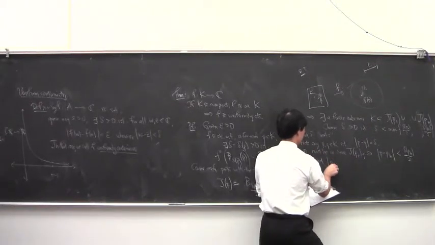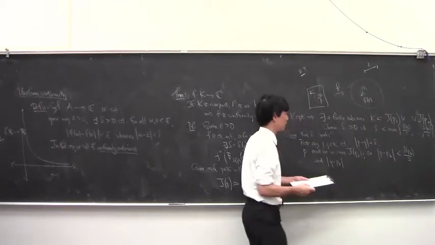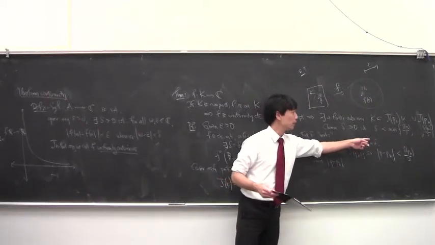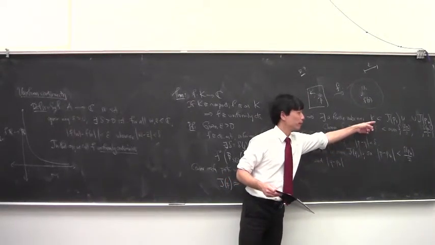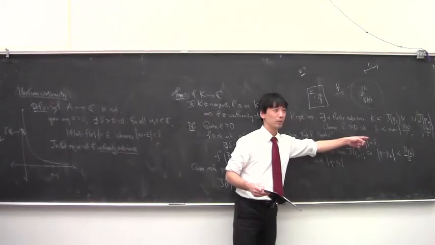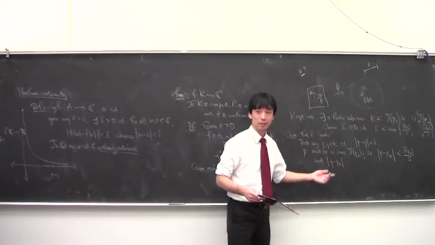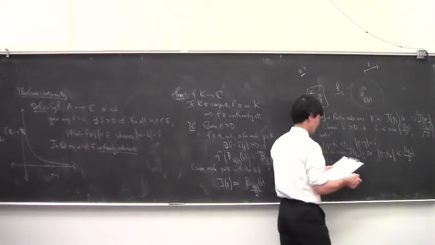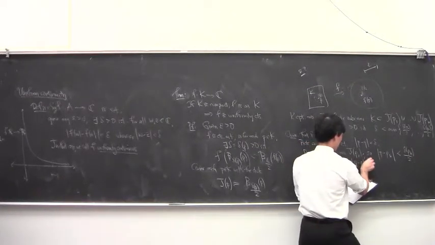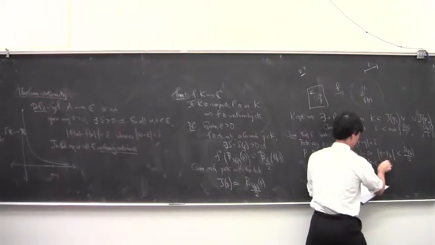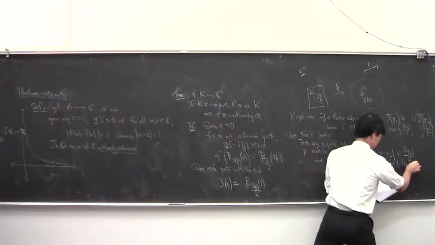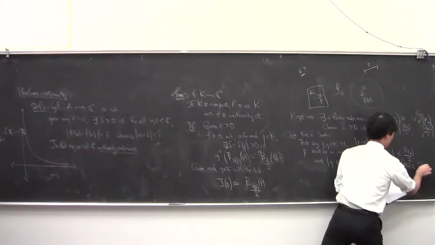And the distance from Q to PK, well, the distance from Q to P is less than delta, which is less than half of delta PK over 2, and the distance from P to PK is less than delta PK over 2, so the distance from Q to PK is less than delta PK. So this is less than Q minus P plus P minus PK, less than delta plus 1/2 delta PK, which is less than delta PK.